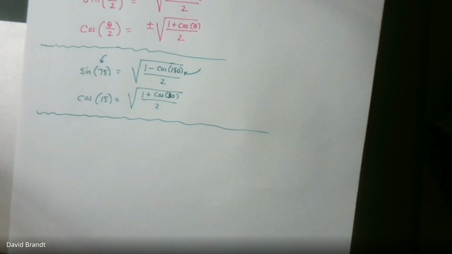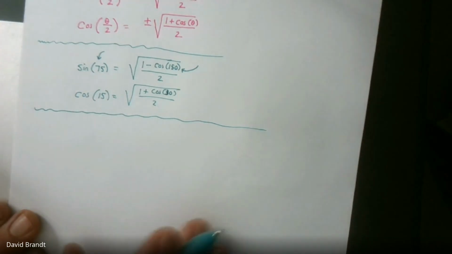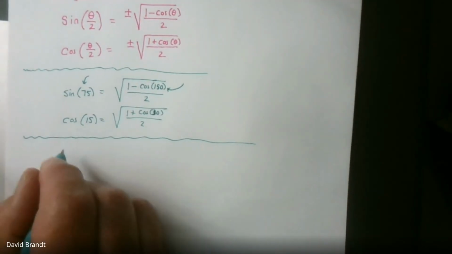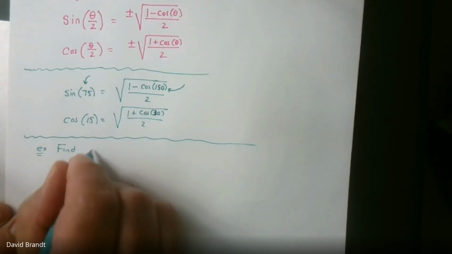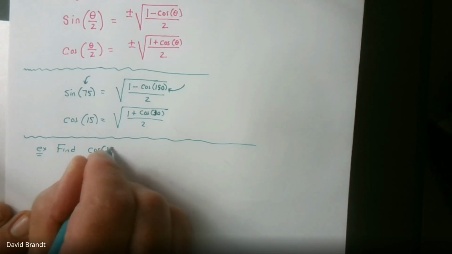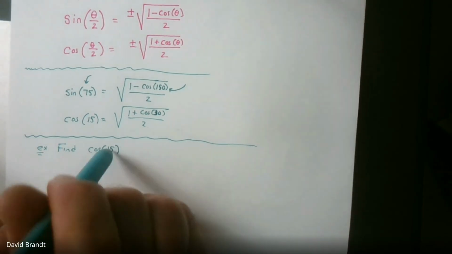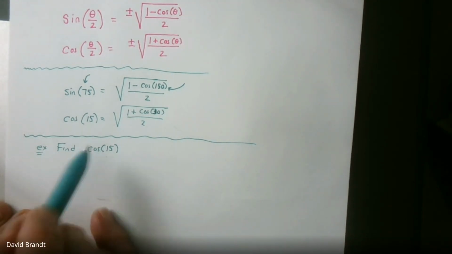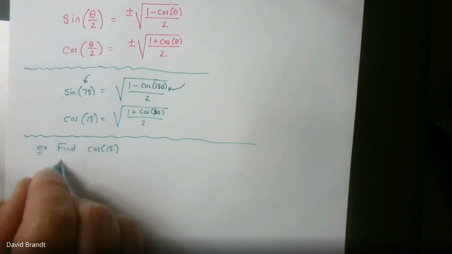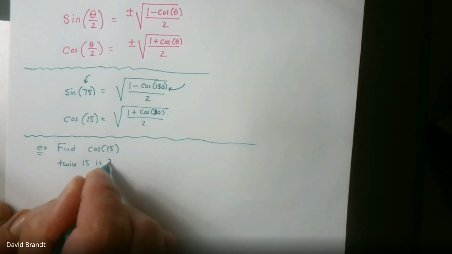Let's find cosine of 15. The directions are find cosine of 15 degrees. Well, if you're going to use a half angle formula, do you know something about twice that angle? Twice 15 is 30.